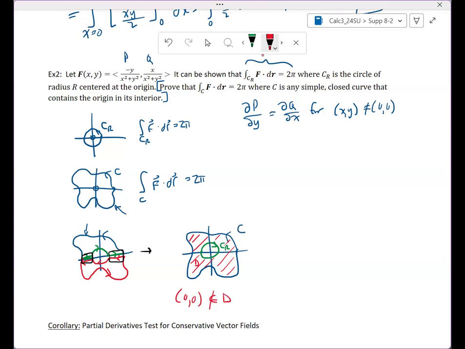Now, one minor side note that I glossed over is, how do I know that I can fit CR inside of C? Well, remember that CR is a circle of radius R, where R is arbitrary. We're also assuming that C is a simple closed curve that contains the origin in its interior.